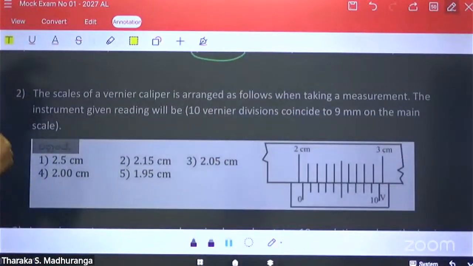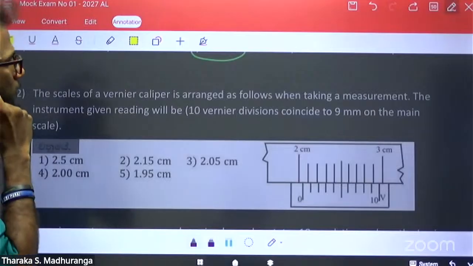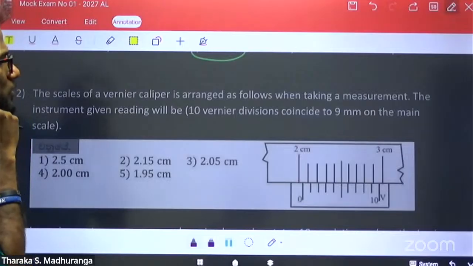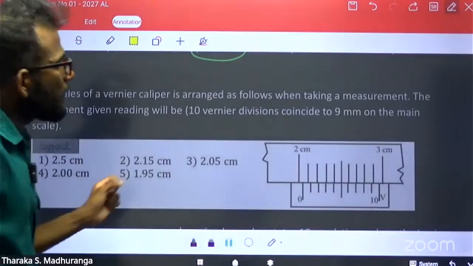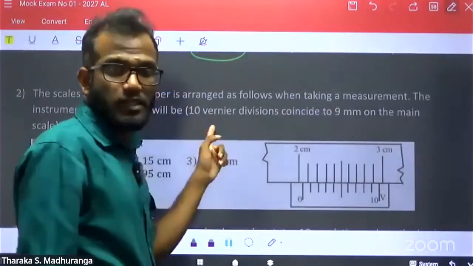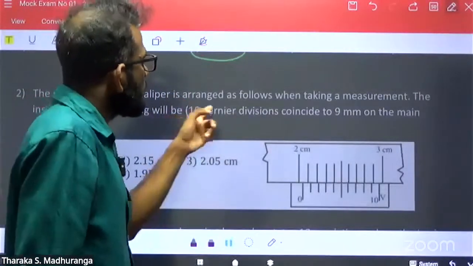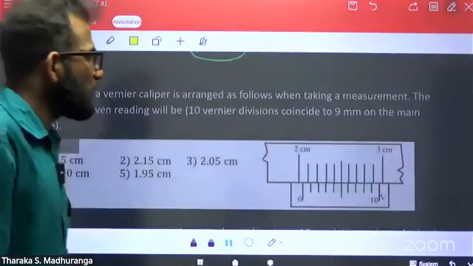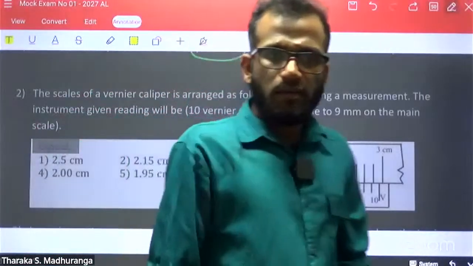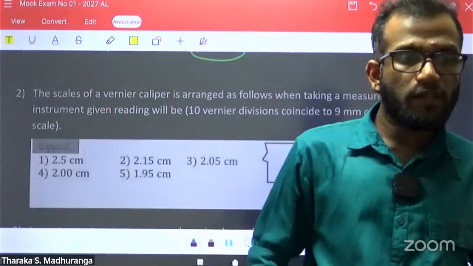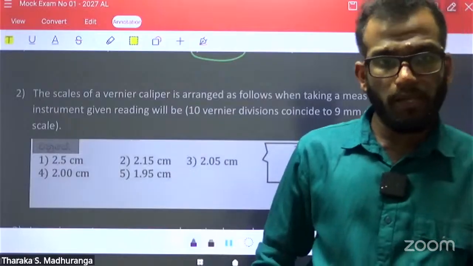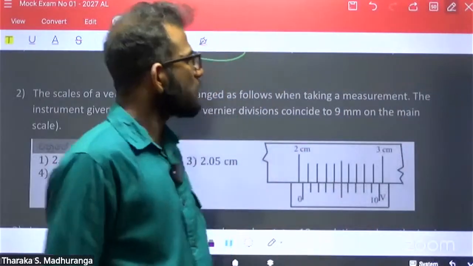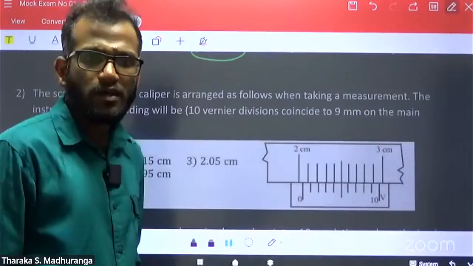The scale of a vernier is arranged as follows when taking a measurement. The instrument's given reading is asked, and there is a hint given: 10 vernier divisions coincide with 9 millimeter on the main scale. Then how do we get the least count?